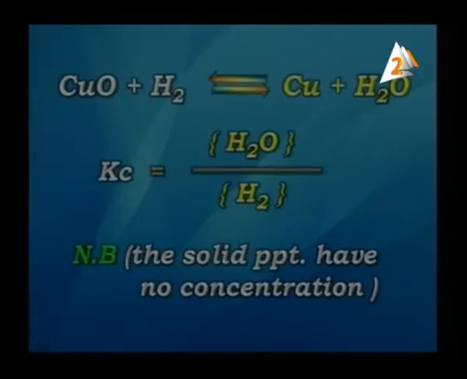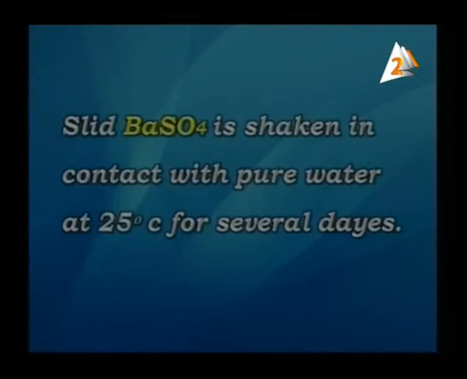Which one is solid here? We have the copper and we have copper oxide. Both of them are solid, so we have no concentration of either. Look at this. BaSO4, barium sulfate, is kept in contact with pure water at 25 degrees Celsius for several days.